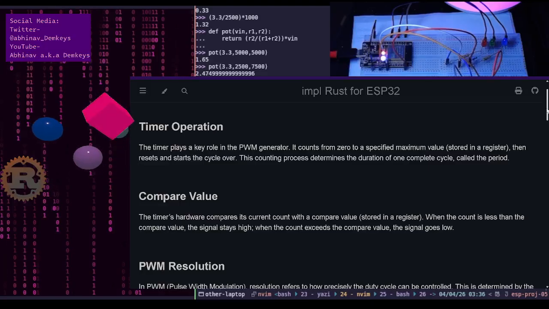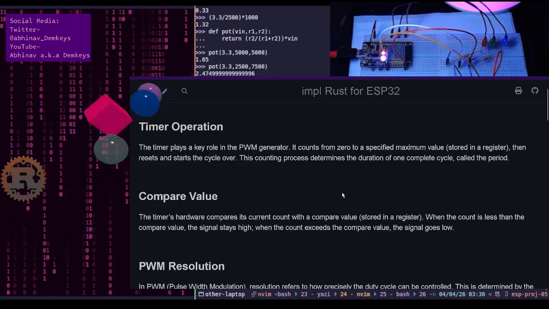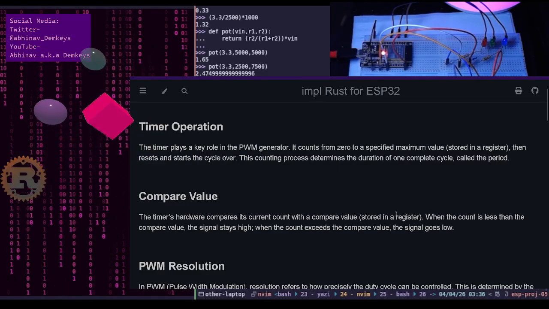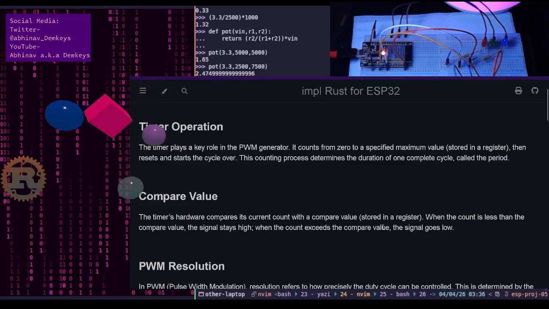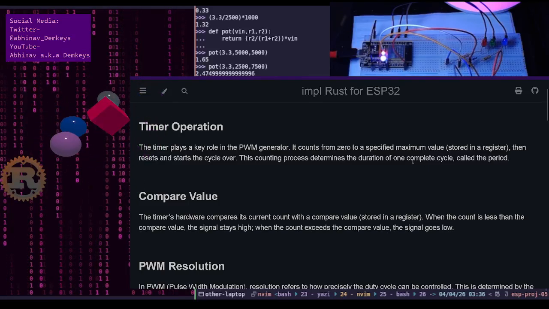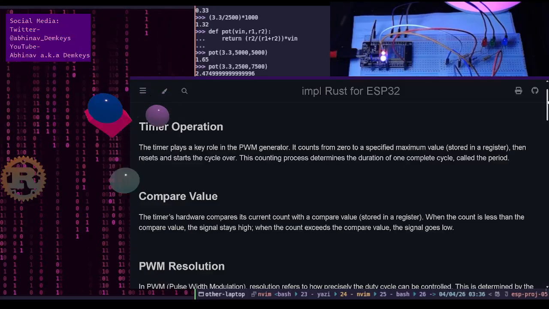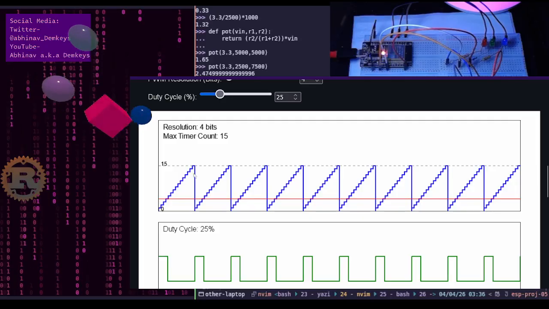Because the value keeps repeating, I'm guessing the maximum value is determined by the resolution. If it's an 8-bit resolution, then it's 256 values, so if it starts at 0, it counts to 255. And then it resets and starts the cycle over, which is what we are seeing here.